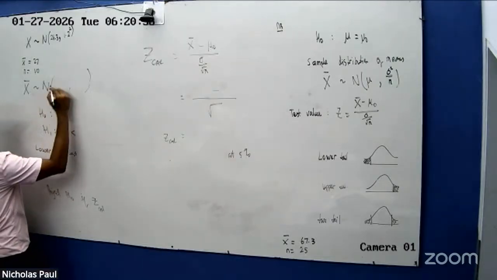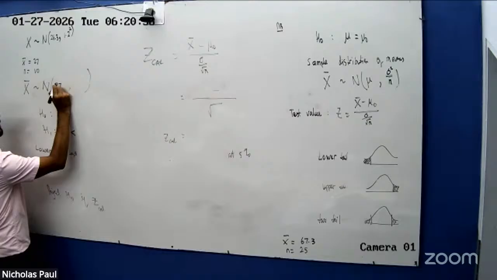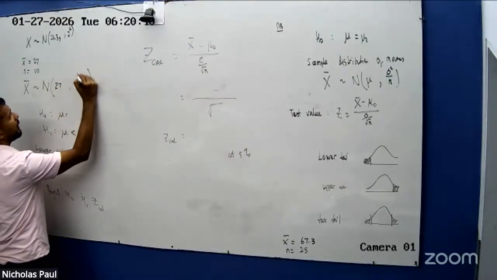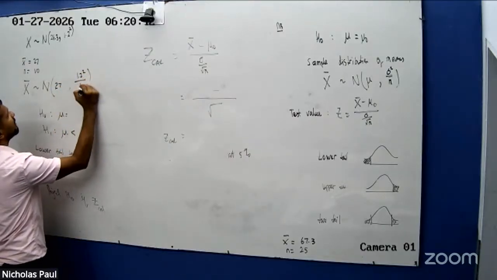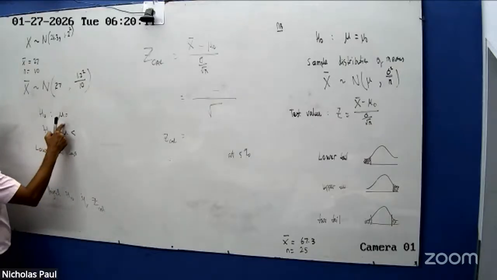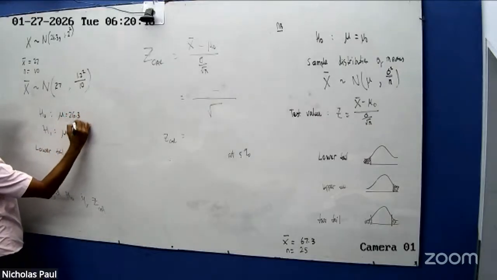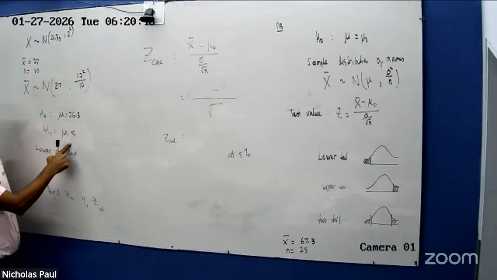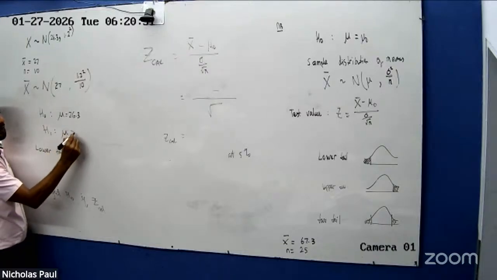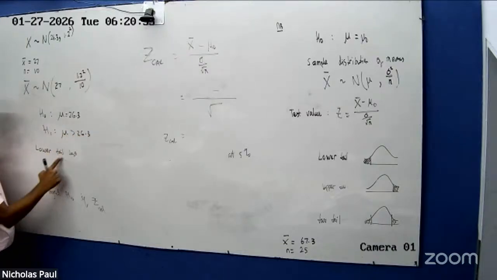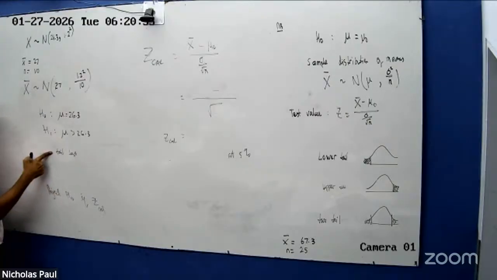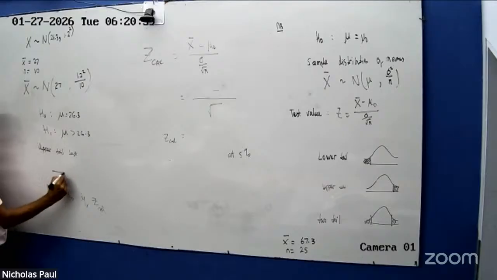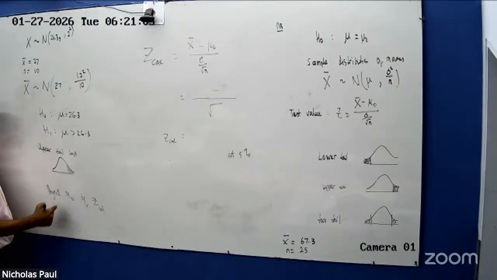Right, so the mean is 27 and this will be 1.2 squared over 10. We're testing to see if it's more than 26.3, so it is an upper tail test.